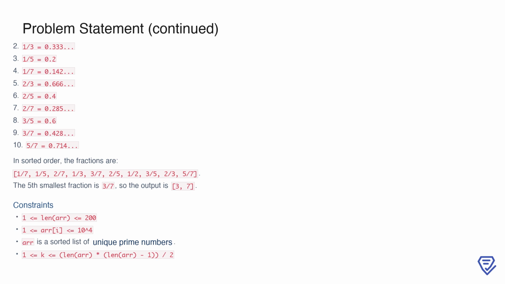By evaluating their decimal values, we can sort them in ascending order: 1/7, 1/5, 2/7, 1/3, 3/7, 2/5, 1/2, 3/5, 2/3, and 5/7. The fifth smallest fraction in this sorted list is 3/7. Thus, the output for this input is 3, 7. This demonstrates how the solution handles cases with larger arrays by systematically sorting and selecting the desired fraction.